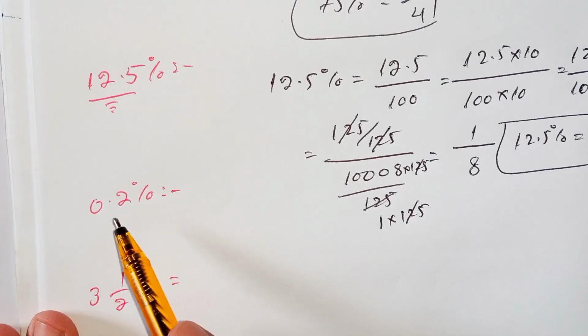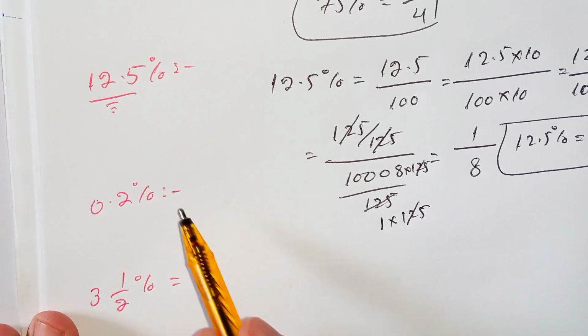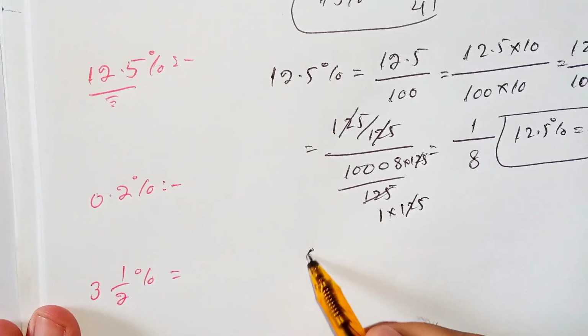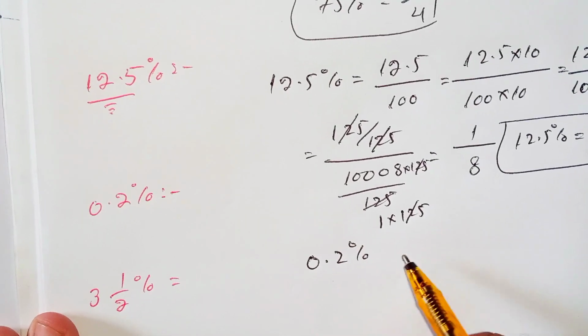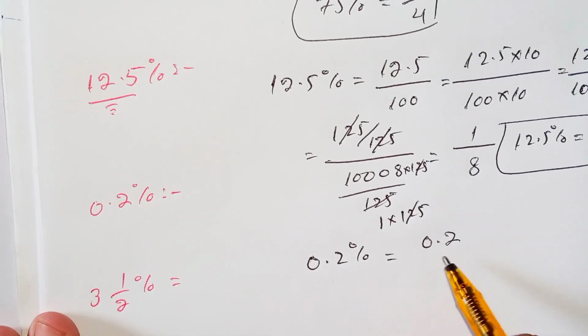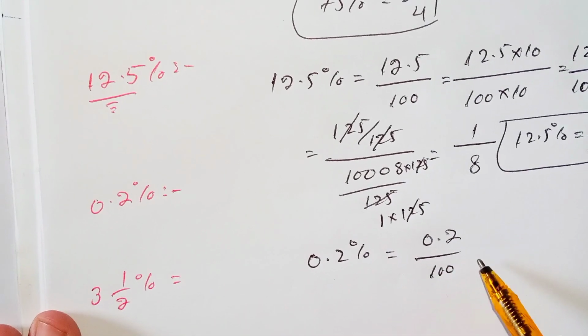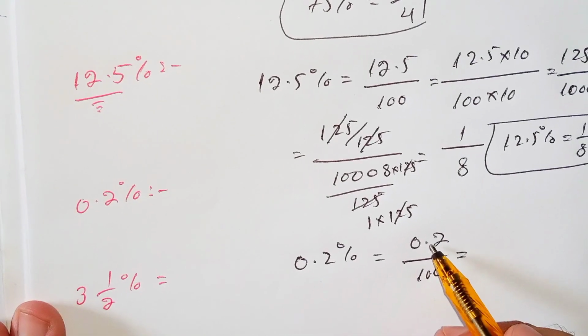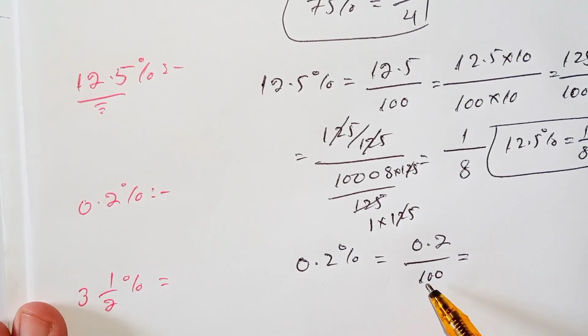Now what is 0.2% in fraction? So 0.2% is equal to 0.2 over 100. Multiply the numerator and the denominator by 10.